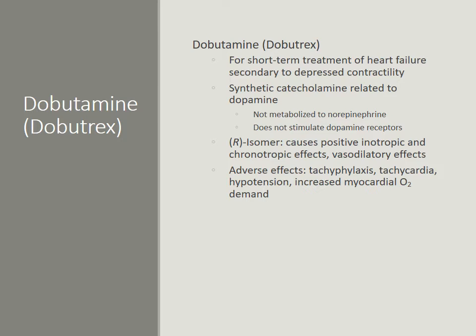It does not stimulate dopamine receptors. It's an R isomer that causes positive inotropic and chronotropic effects and vasodilates as well. Some adverse effects include tachycardia, hypotension, and increased myocardial oxygen demand.